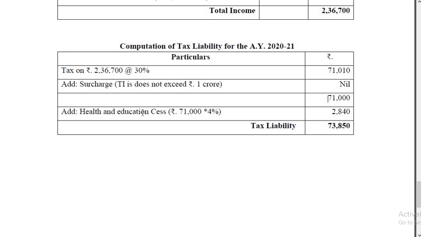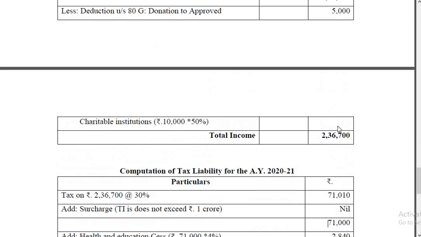And if people take care of health, then the expenses on hospitalization and medication will be less, and in a way that will be helpful to the country, and people are healthy. That is the intention. So here on 71,000, total of tax as well as surcharge, you are calculating the cess at 4%, that is 2,840. Thus, tax liability is 73,850. So on the total income, tax liability is 73,850.